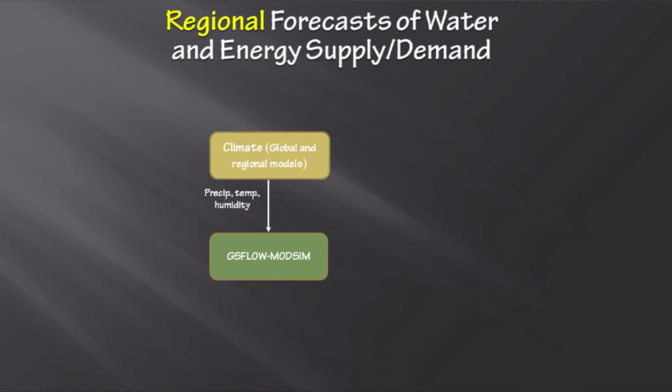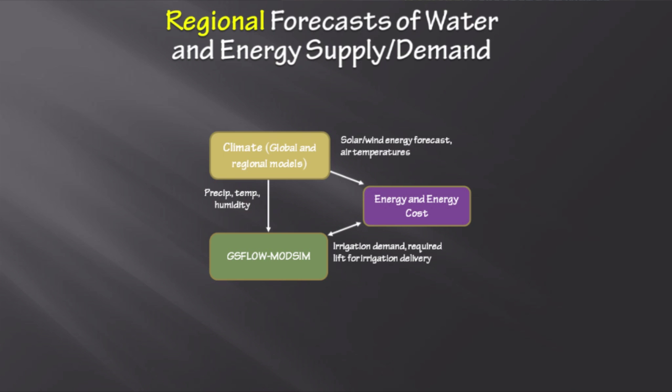The hydrologic model simulates the natural flow and distribution of water in these systems caused by gravity. And then ModSim, which is the operations model, represents the effects of anthropogenic distribution, so reservoir releases and diversions off of the main stem of the river. Those two components together account for the effects of both supply and demand on the water system.